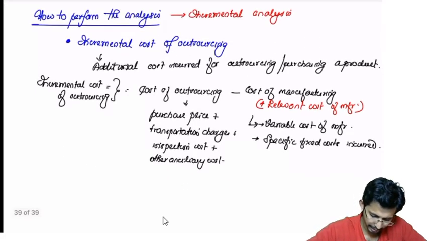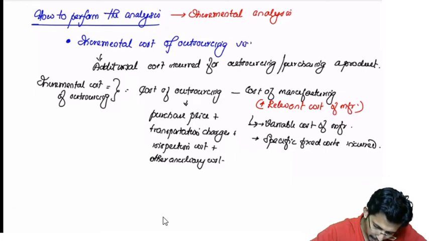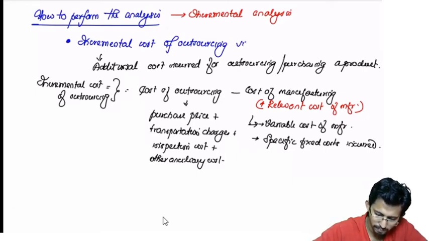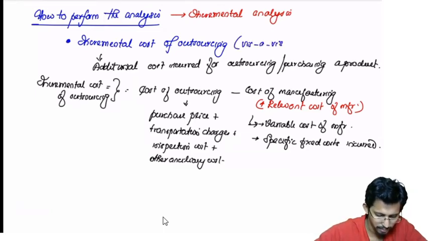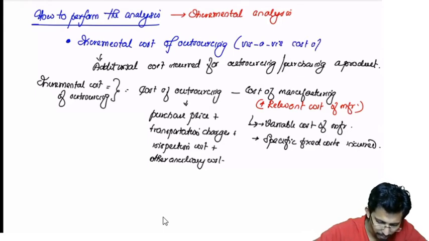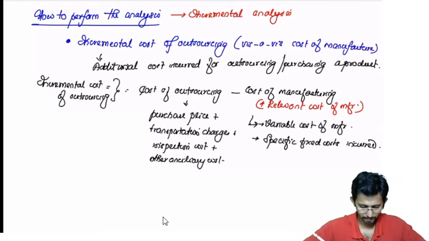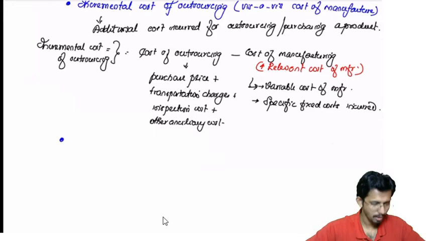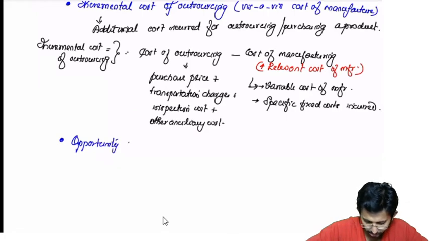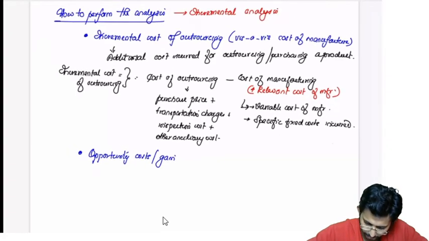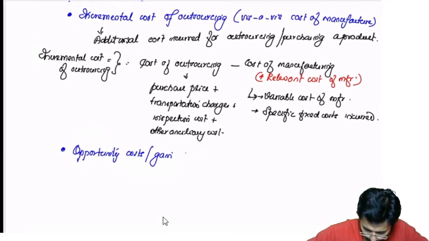You can write here incremental cost of outsourcing in bracket vis-a-vis cost of manufacture. Okay, now next is opportunity cost or gain on outsourcing.